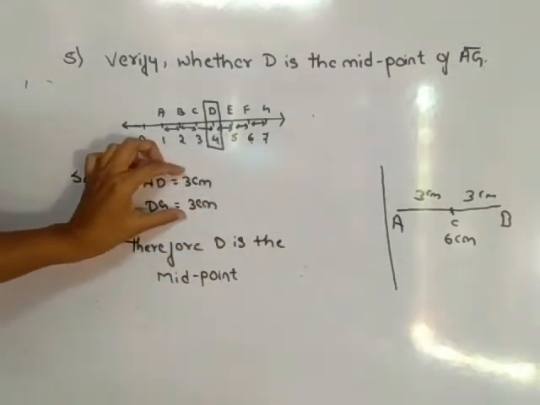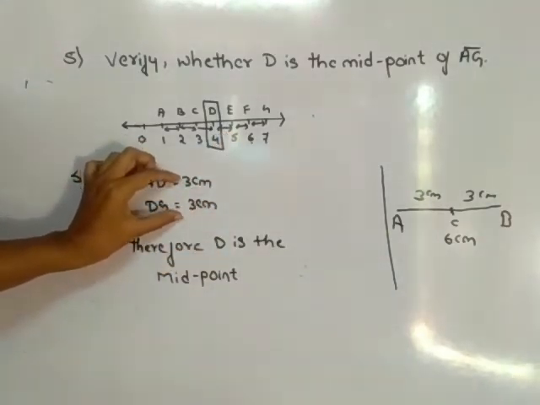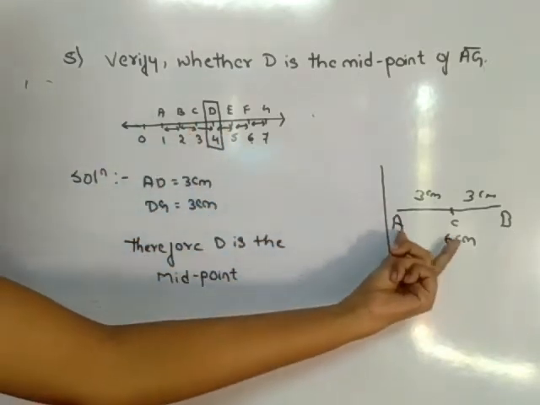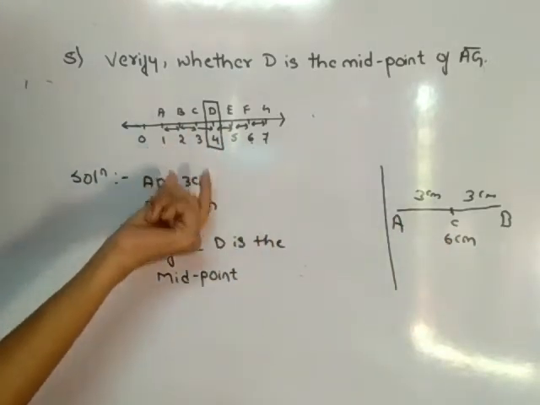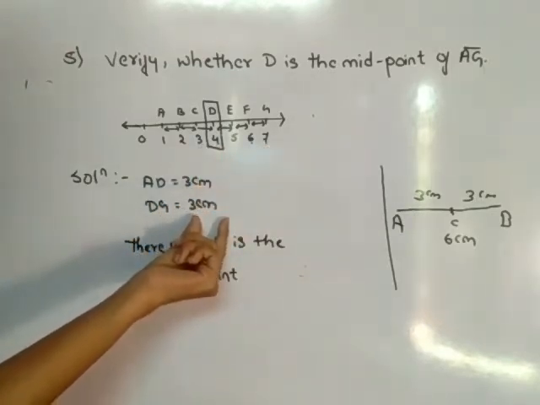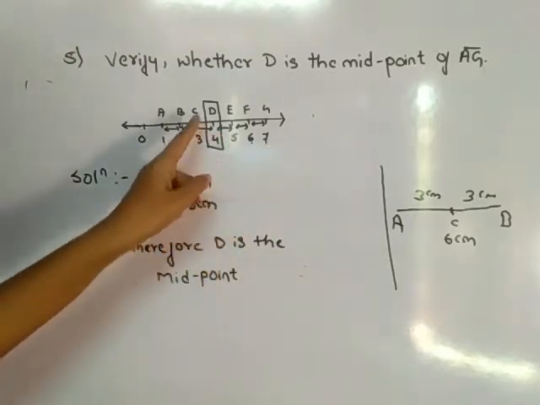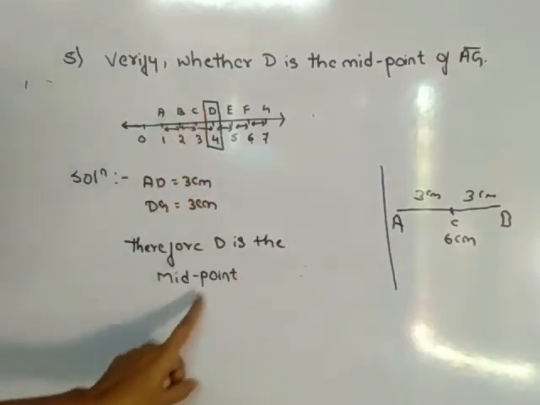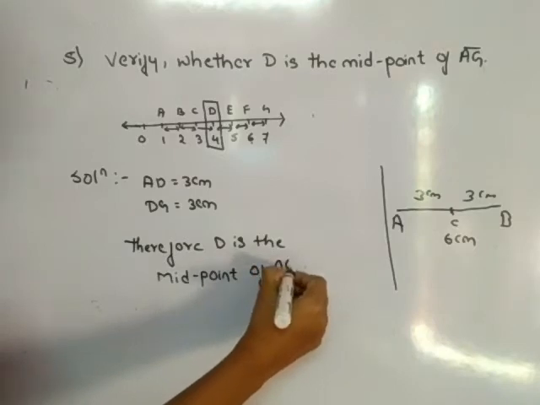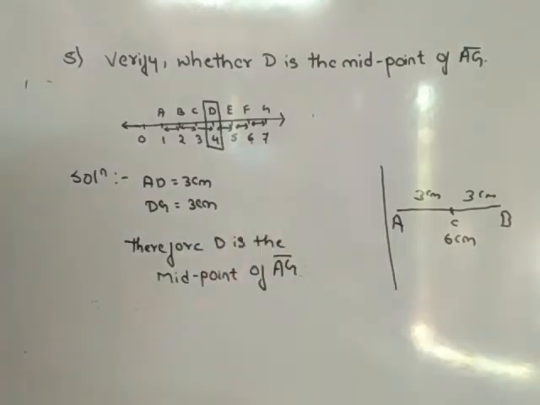So here we got equal length, right? AD is equals to 3 cm and DG is equals to 3 cm means automatically we can say that D is the midpoint of a line segment AG. Okay students, this completes fifth one.